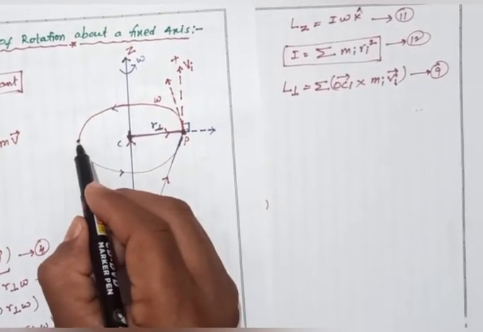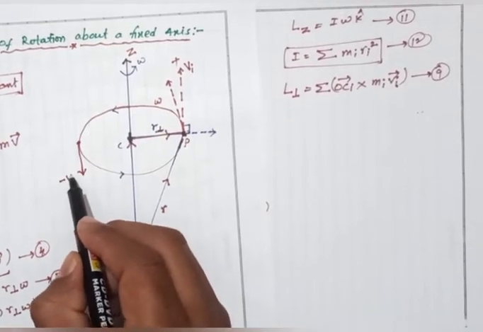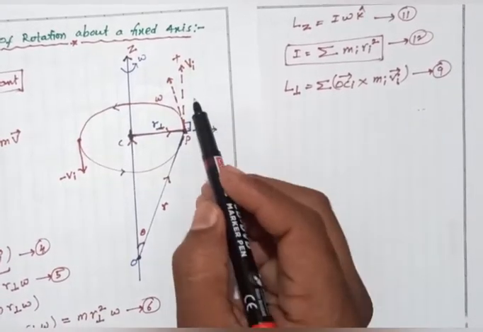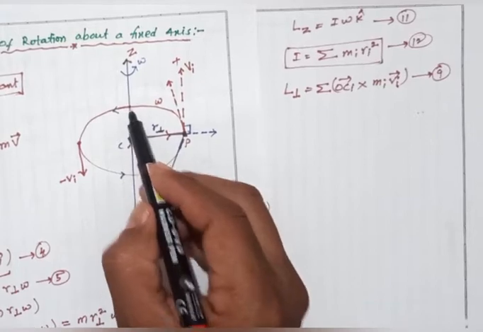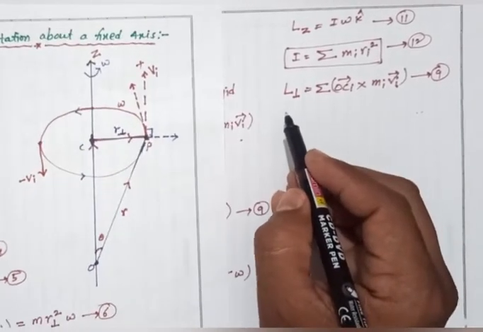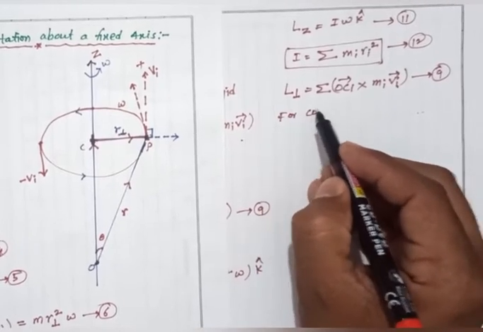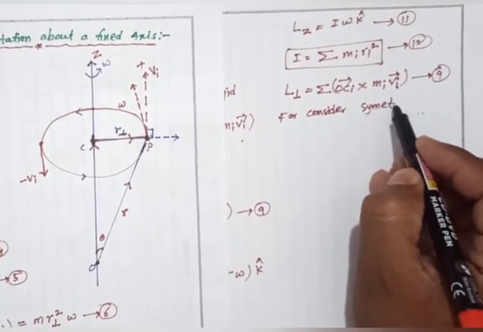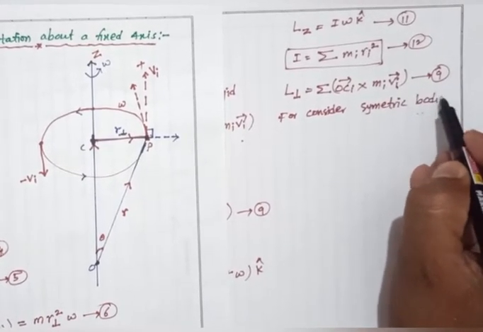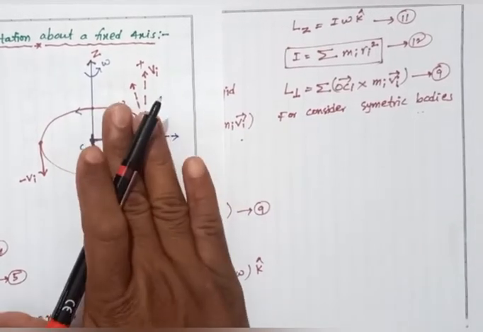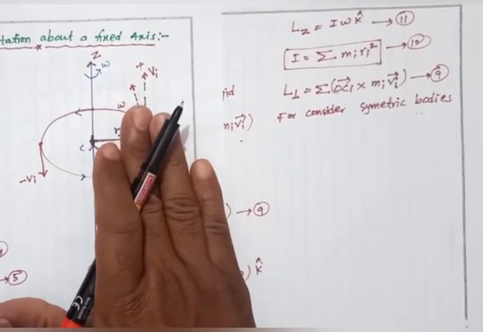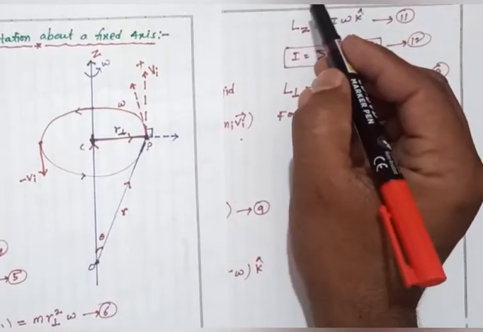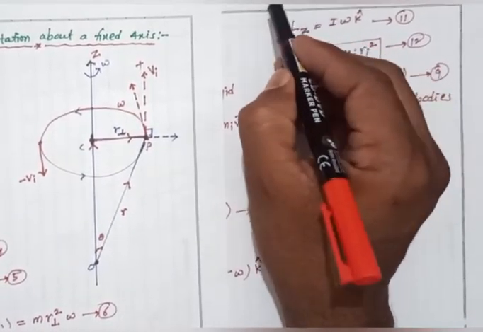Here it is negative, the direction of negative v_i, so it moves the other way. First of all, we consider symmetric bodies. A symmetric body is one where a half circle equals the other half circle. For example, this is a symmetric body.